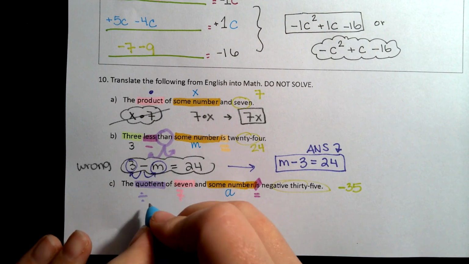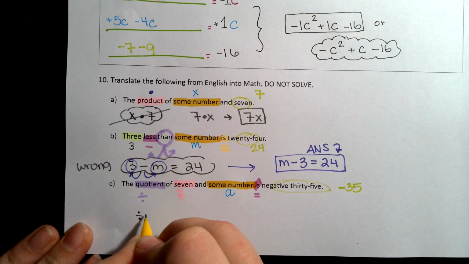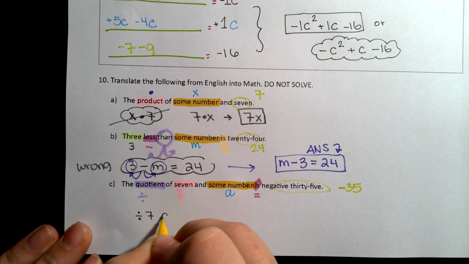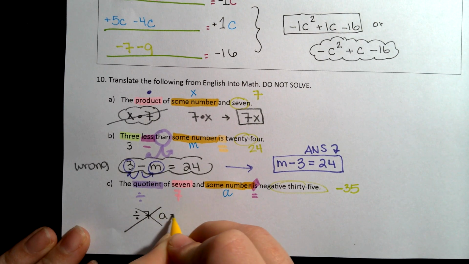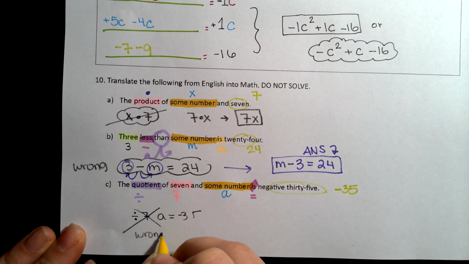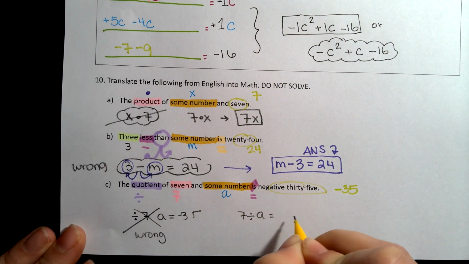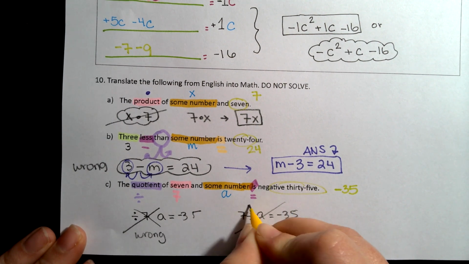So quotient, we're not actually using. So let's write this wrong, and then let's fix it. Quotient of 7a, that's wrong, is equal to negative 35. Another way I saw it written is quotient of 7a is equal to negative 35. This is wrong.